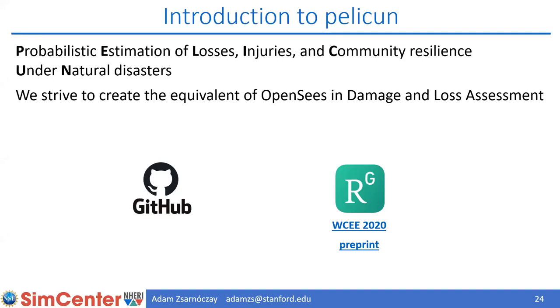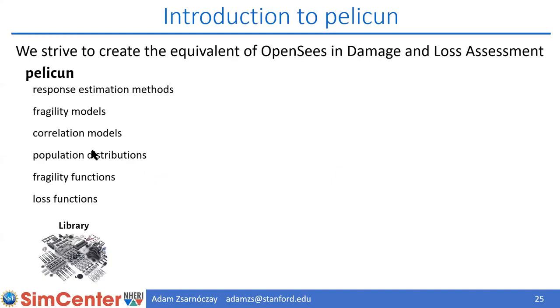So we would like to have a community-driven development of various methods and tools that you can combine into various types of analysis for damage and loss assessment. So you can think about it like this. Pelican right now is a library. So it's a set of different tools, fragility functions, fragility models, correlation models, and so on.